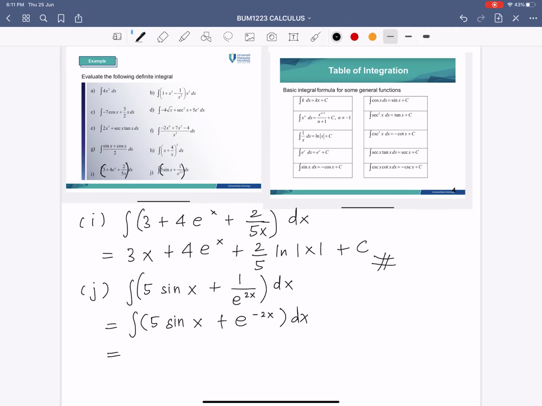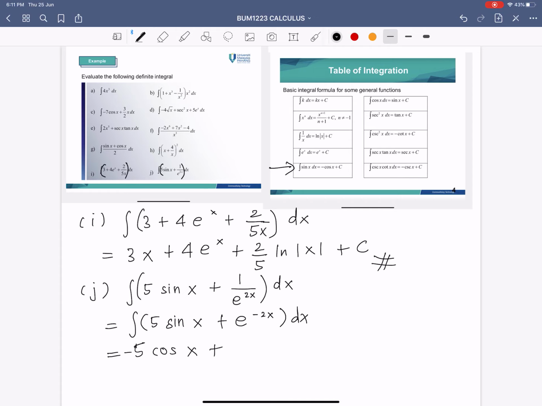So the integration of 5 sine x, 5 is a constant, just remain it there. Integration of sine x is negative cos x. So here we have negative 5 cos x and then plus.